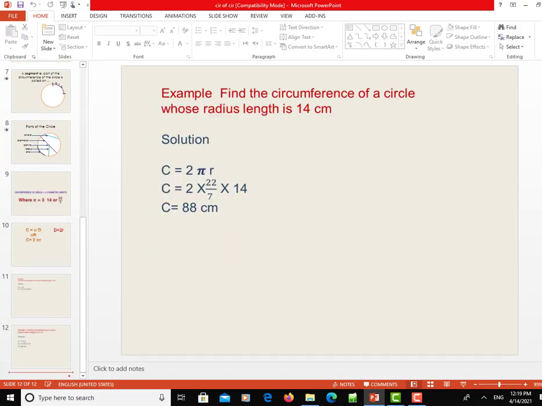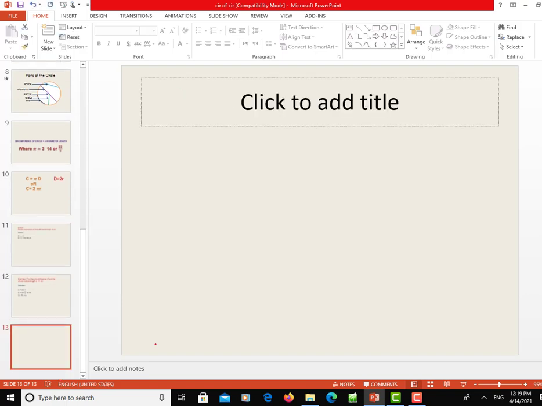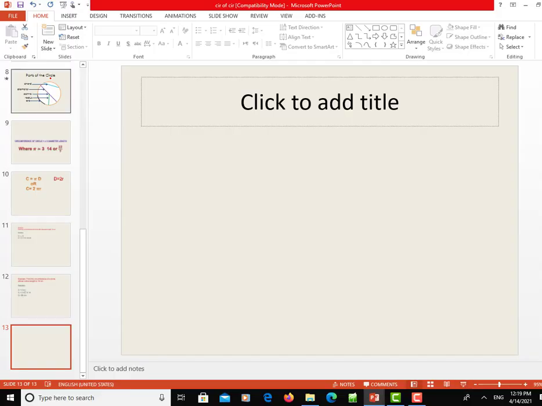This activity is, listen, let's get a paper and we draw many circles with many circumferences on this paper. This is our paper, and we'll draw many circles on this paper.